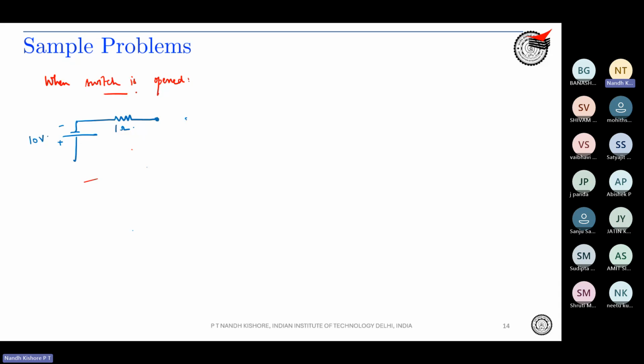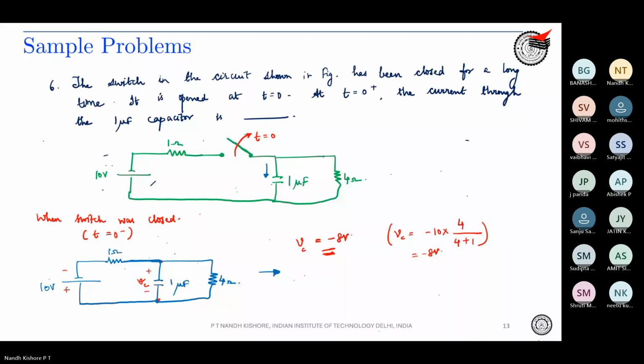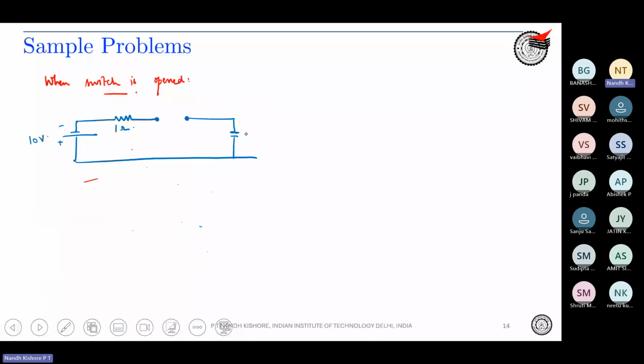The switch is now open, there is no connection. You again have a capacitor of 1 microfarad, and then there is a resistor of 4 ohms.